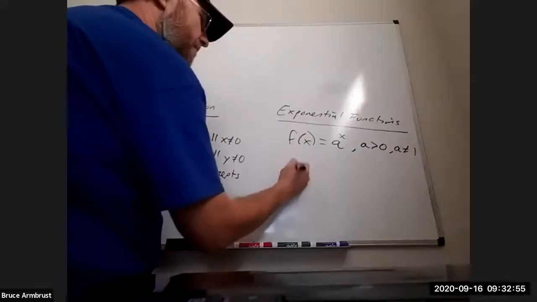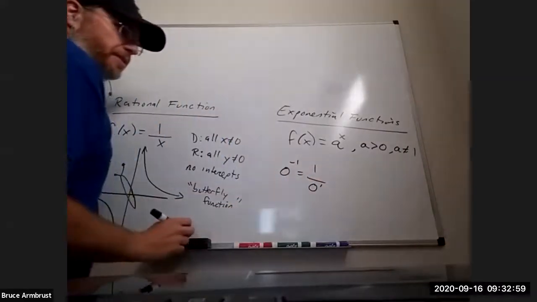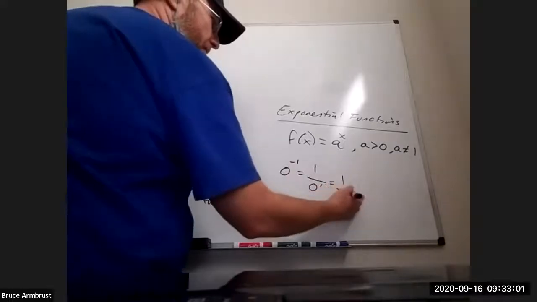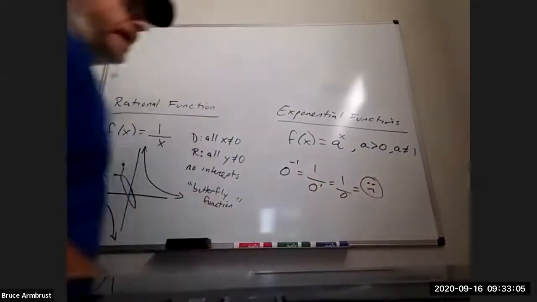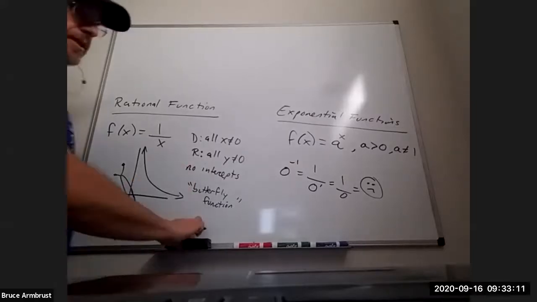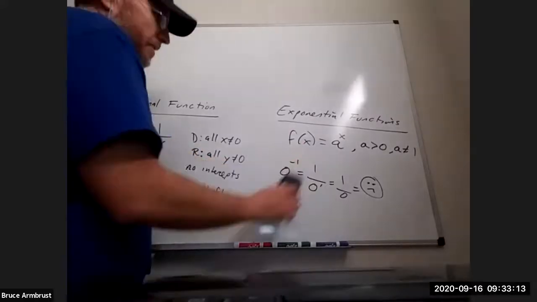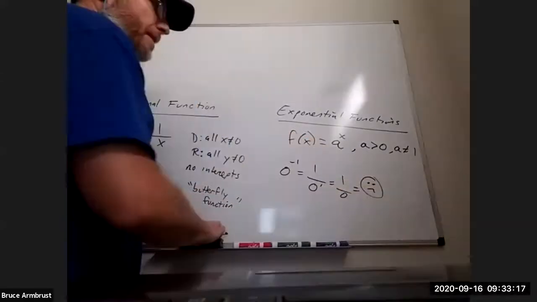So if we did, say, 0 to the negative 1, this would be 1 over 0 to the first, which is 1 over 0, which is bad. That's not just a frowny face, it's a little scowly face because you can't do it. So 0 is definitely a problem, so we don't let it be a base.